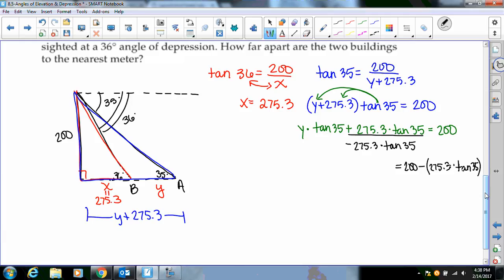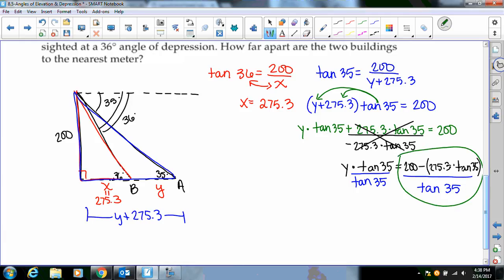And then over here, so plus and minus, those would cancel. I'm left with y times the tangent of 35. And then my final step would be to divide by the tangent of 35. So on your calculators, you're going to put this whole entire thing in your calculator. 200 minus, and you need to make sure you get the parentheses right here before you do that, and then divided by tan 35.